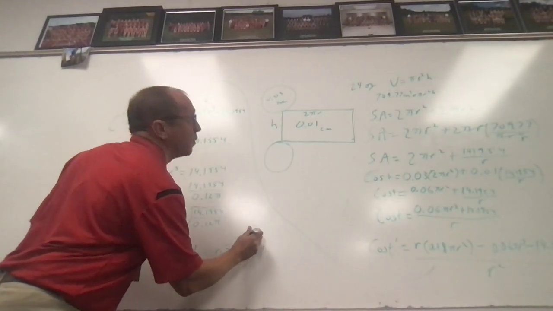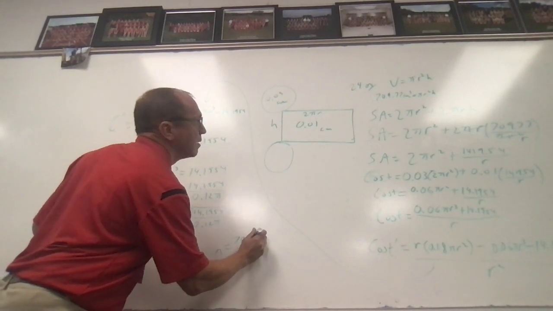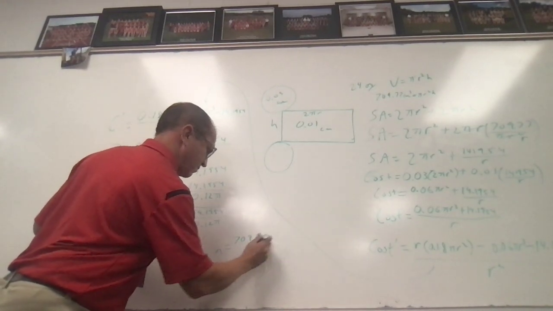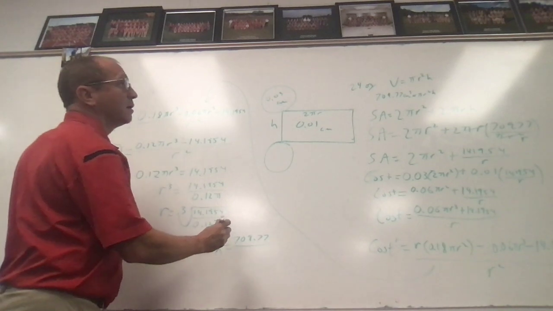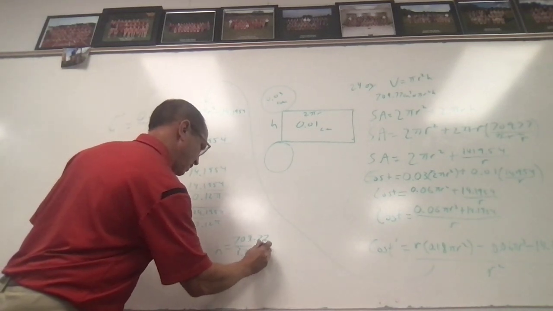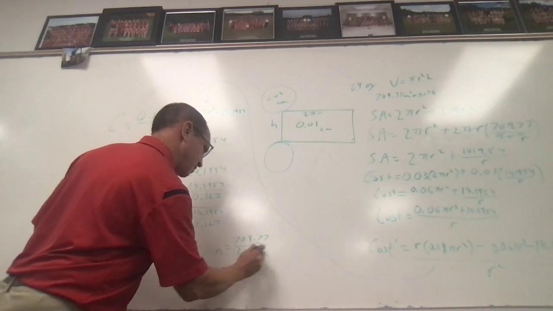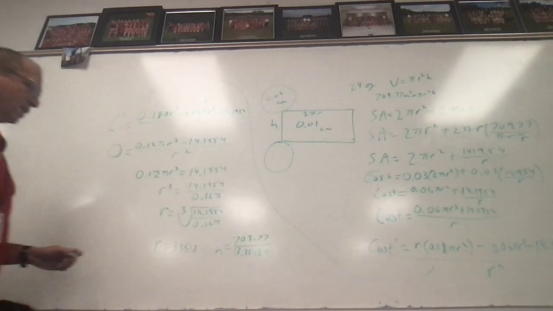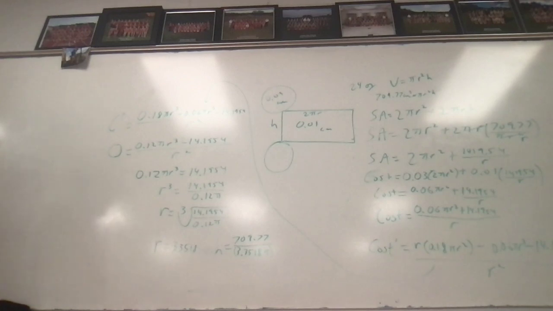So we get 709.77 over 3.3518 pi. And what is that approximately as a decimal? That's not right.